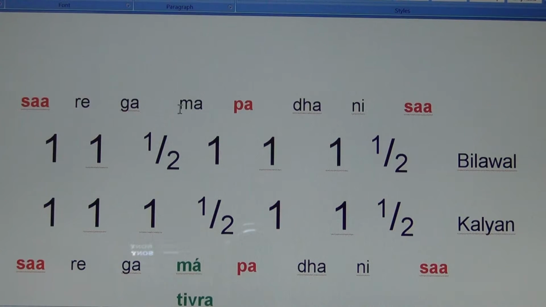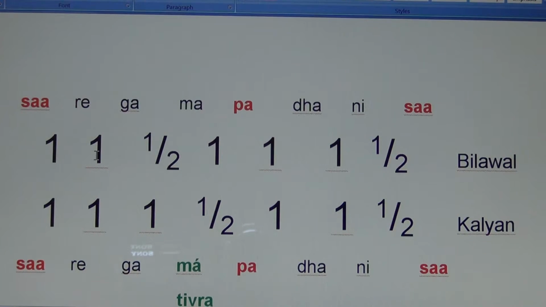From Sa to Ma, we have 2.5 notes. Here from Sa to Ma, we have 3 notes. So Ma is in fact sharpened. In other words, it's a half note higher, and that is called Tivra Ma or sharpened Ma. So from Ma to Pa, we have a half note in this case.